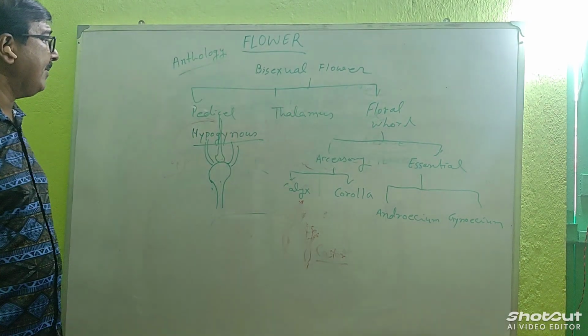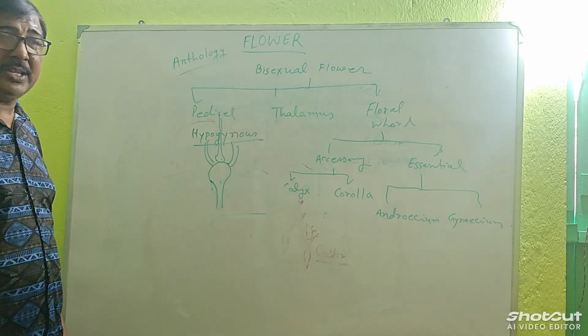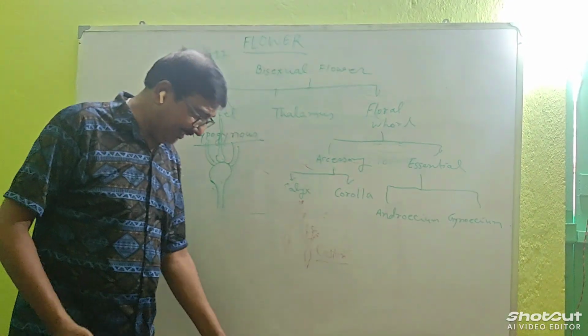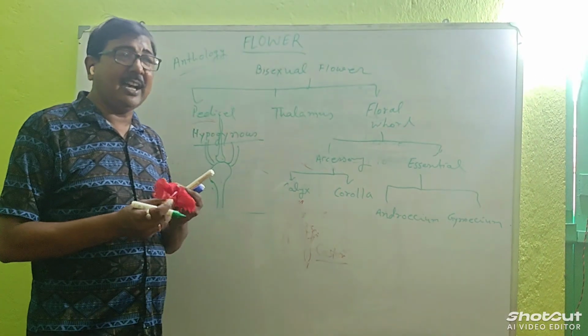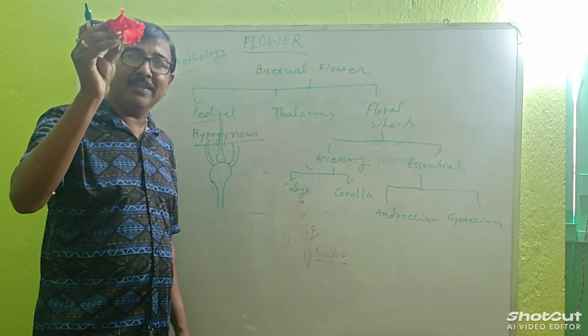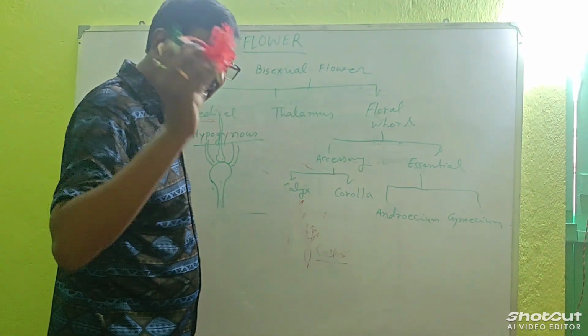This is called hypogynous. Example, China rose, because a superior ovary is present.